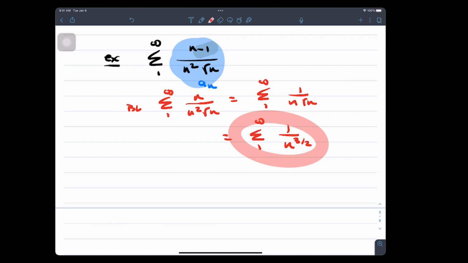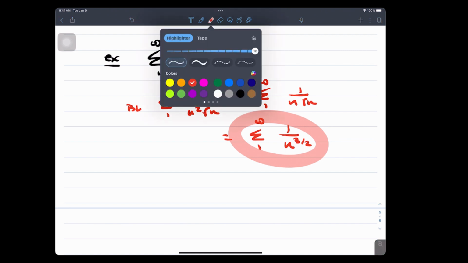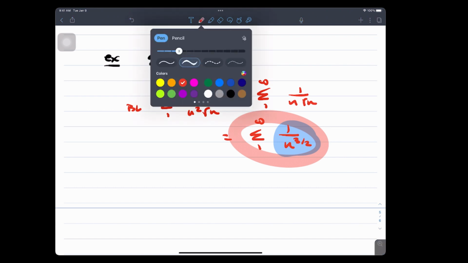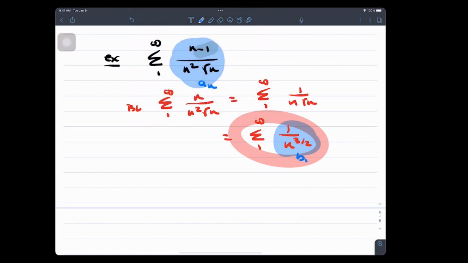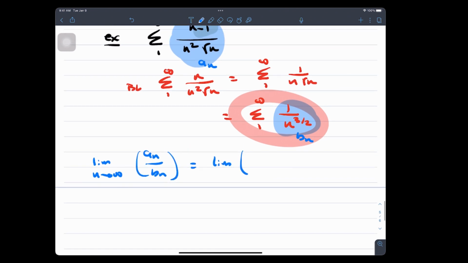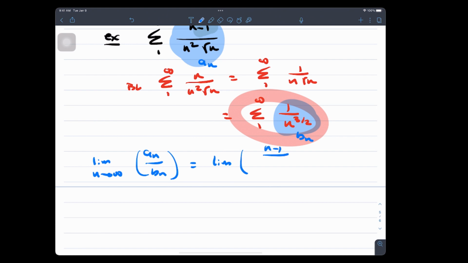Okay, that's going to be the b_n now. So as you do your limit, n goes to infinity of the ratio a_n over b_n, that's your limit of n minus 1 over n squared, over 1 over n to the 3/2.